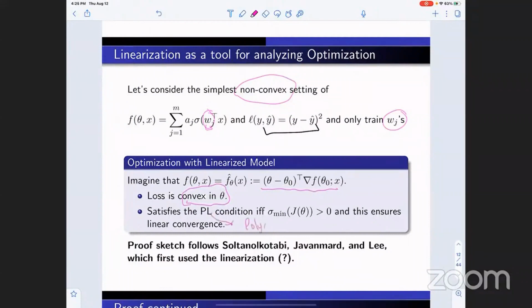This is the Polyak condition, when sigma min, the minimum singular value of the Jacobian, is positive. The Jacobian is a matrix that's parameters by n. It stacks the gradient with respect to theta of x1 through xn.